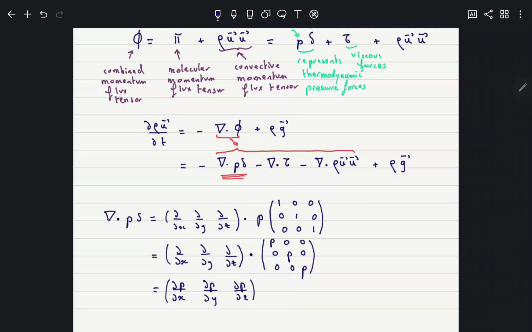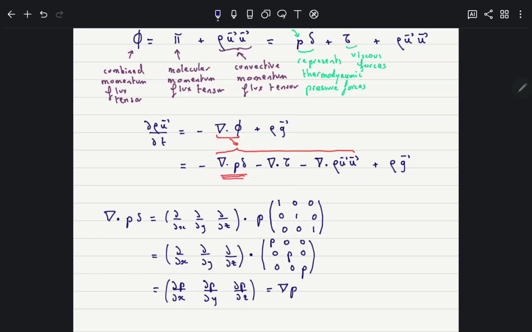So dp over dy arises from the multiplication of d over dy times p, and dp over dz arises from the multiplication of d over dz times p on the last row of our matrix. And I think you recognize that this is simply the nabla, or the spatial derivative, of the pressure field.